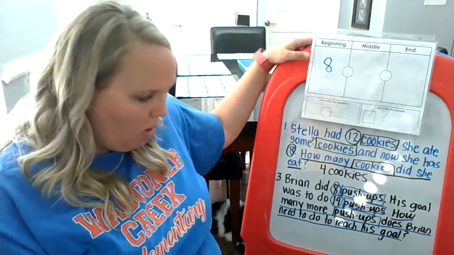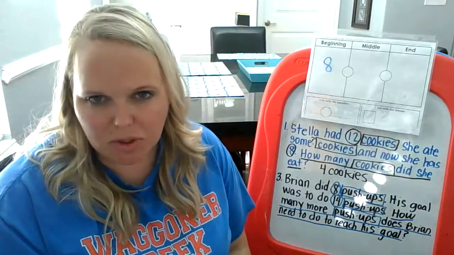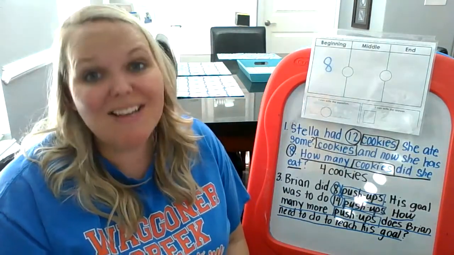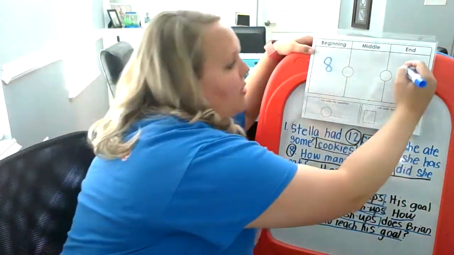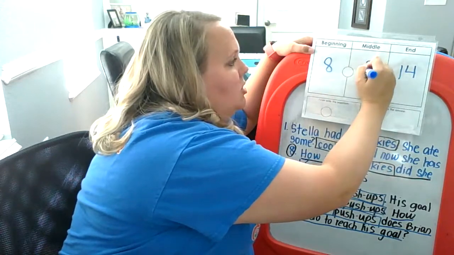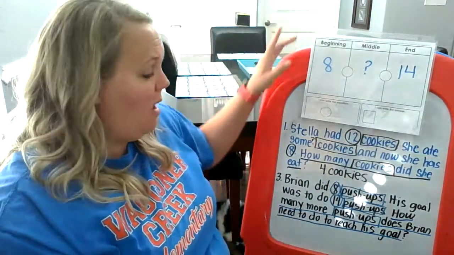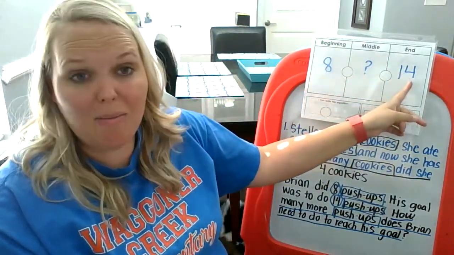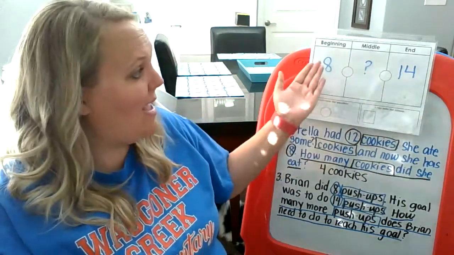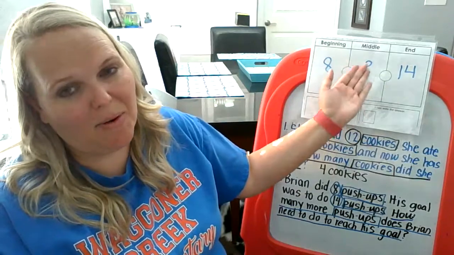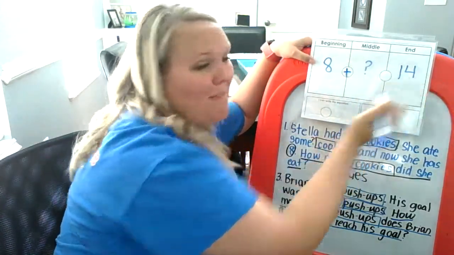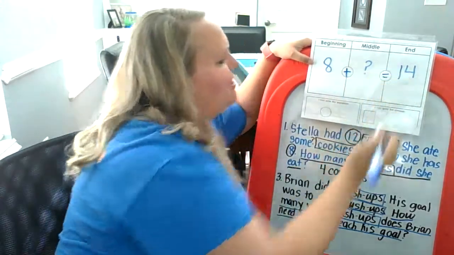If his goal was to do 14 push-ups, then that means that he wants to do a total of 14. So that 14 actually needs to go at the very end, okay? That means that we're not sure what this middle number is. But I can see that my number at the end is the big number, Big Daddy. So 8 plus a number would have to be 14 because it's getting bigger towards the end.